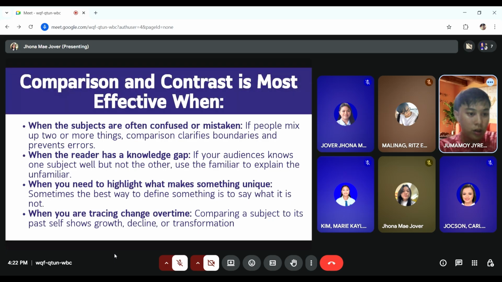And number four, when you are tracing change over time, we show how language evolves over time. Through comparison, things become clearer, more precise, and more accurate. Next slide, please.